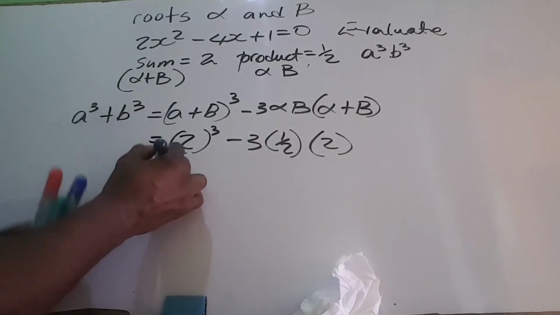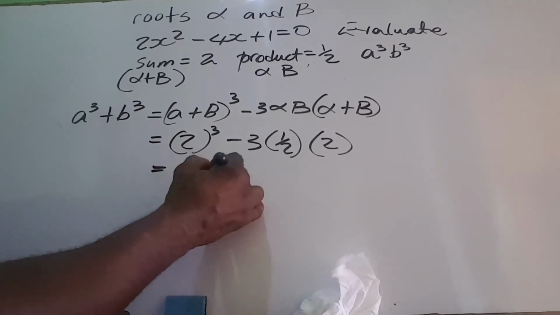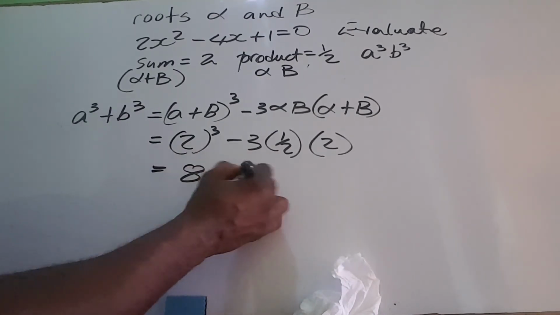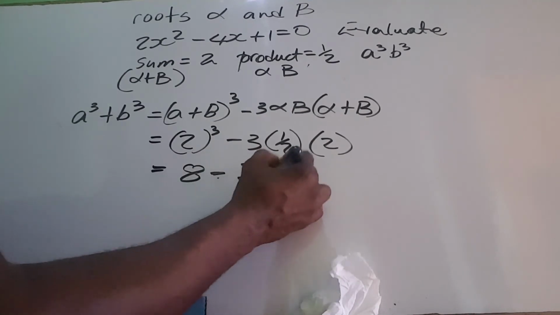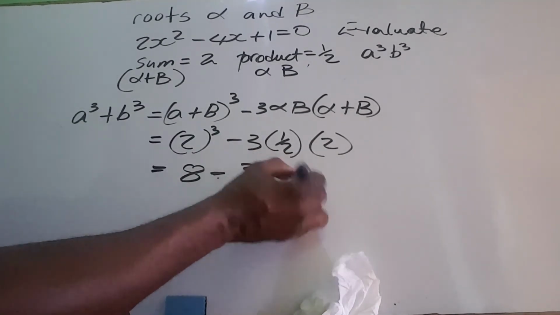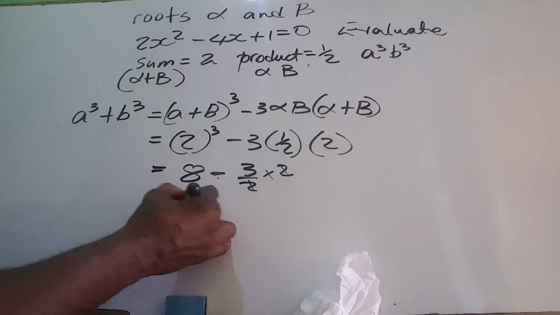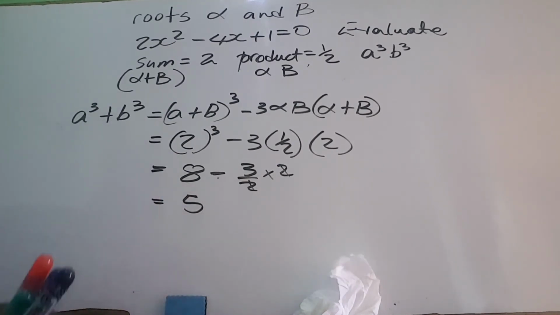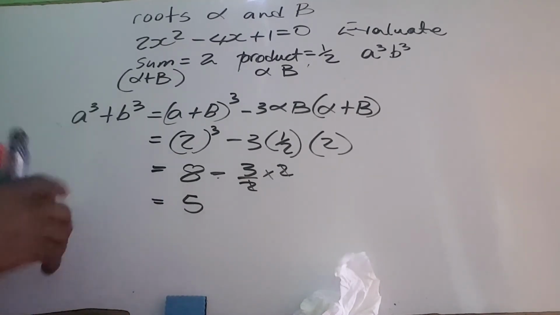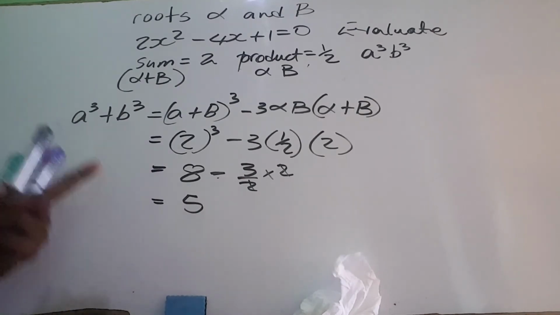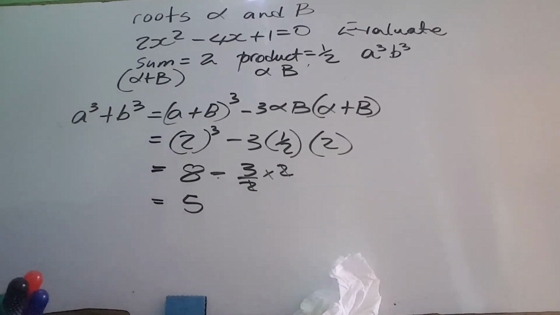That gives 8 minus 3 over 2 times 2, and you could see that cancel there. So we're looking at 8 minus 3, which is equal to 5. So the response for alpha cube plus beta cube will be 5.